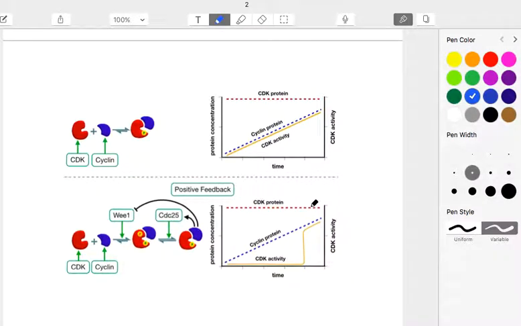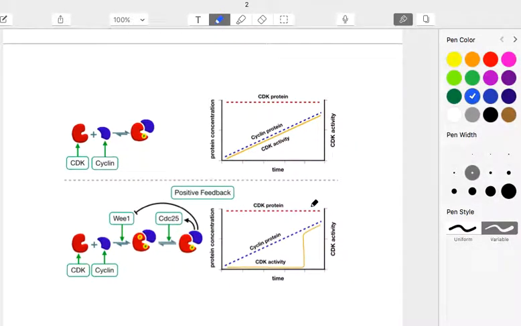In addition to that, if you see here, you're going to have a positive feedback control. Why positive feedback? For example, CDK binds to cyclin and forms an active form.